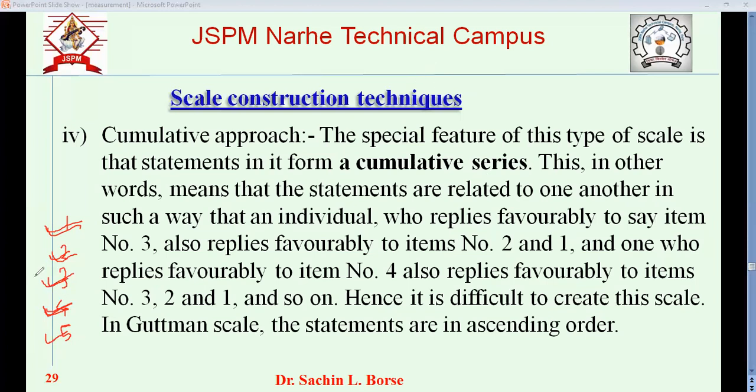Ultimately I got an example that I will tell you, and you will be convinced that they are in cumulative series form. So one problem with the Guttman scale is that it is difficult to create, and we need to create it in ascending order.